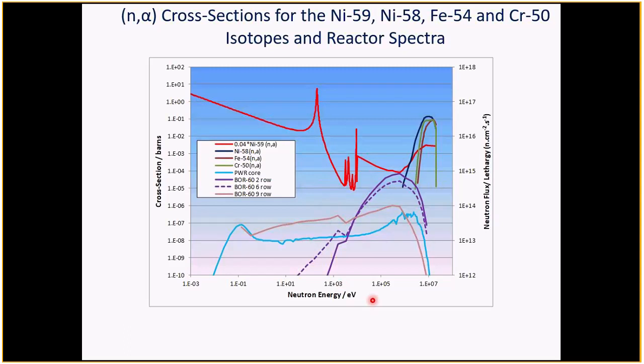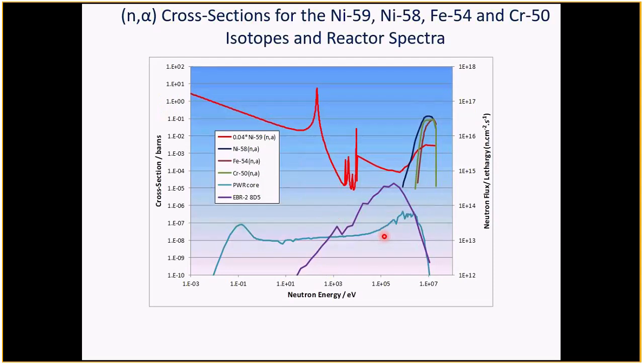So actually, before I leave this, I should say that, again, people make generalities. Materials engineers and reactor engineers say, "Oh, it's a fast reactor. We don't have to worry about it, because we don't have any thermal neutrons.